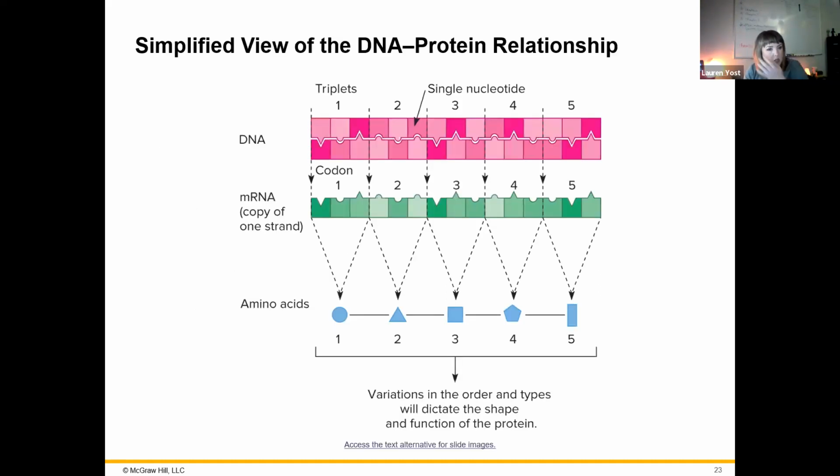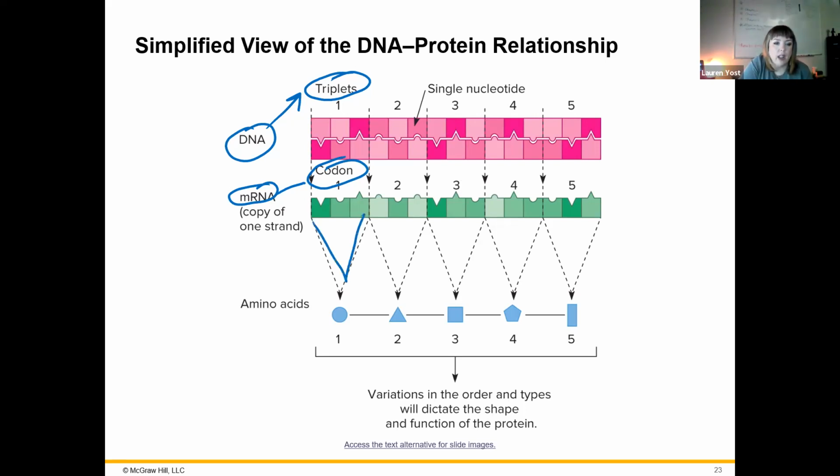So remember, DNA is our main blueprint. In DNA, every 3 nucleotides is a triplet. In mRNA, our messenger, which is copied from that, every 3 nucleotides is our codon. And each codon, those 3 nucleotides of the messenger RNA, is going to yield 1 amino acid.